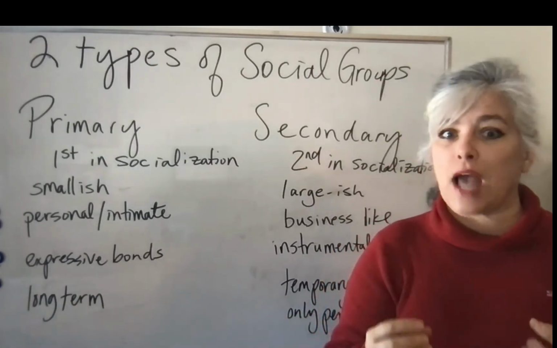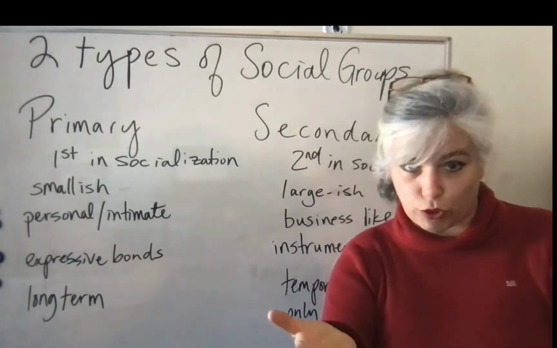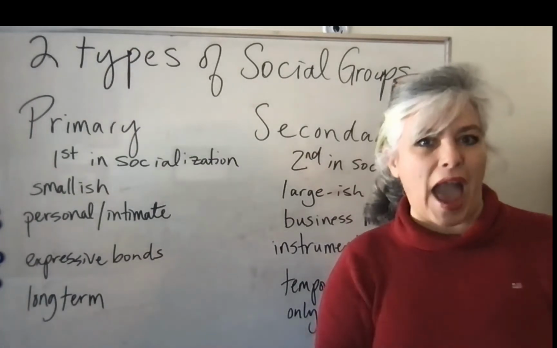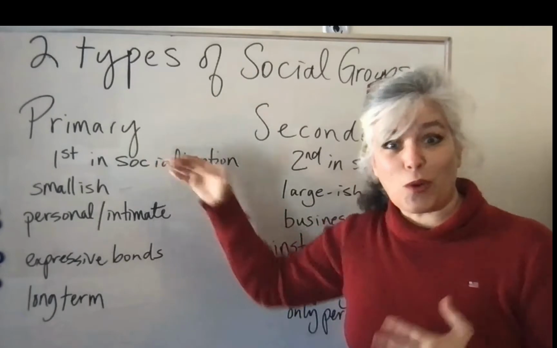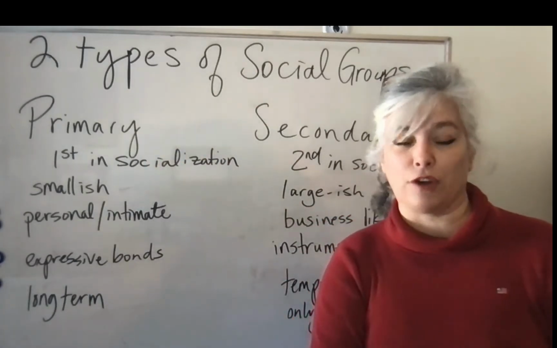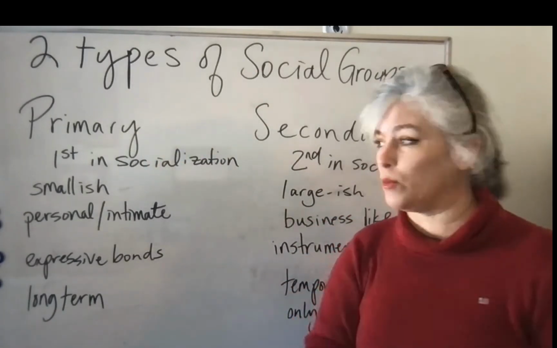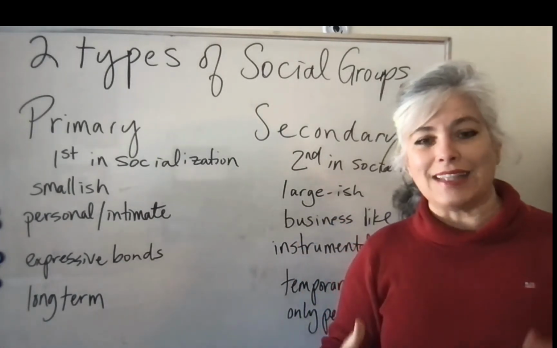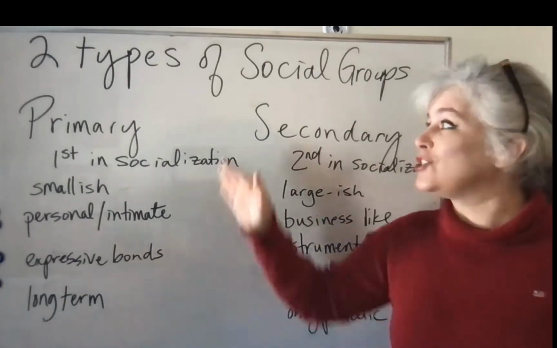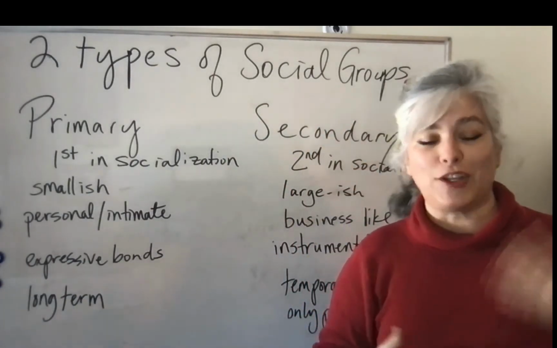Or is it less impactful? Primary groups are the most impactful for an individual's socialization process, and secondary groups are less so. That's how we categorize these two different types of social groups that you'll read about in chapter 4.